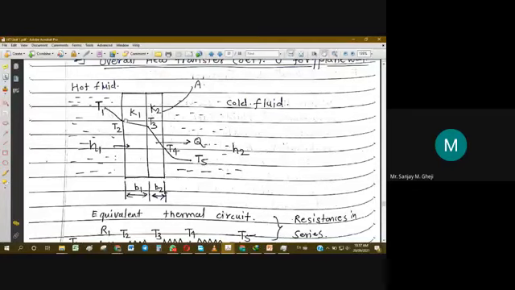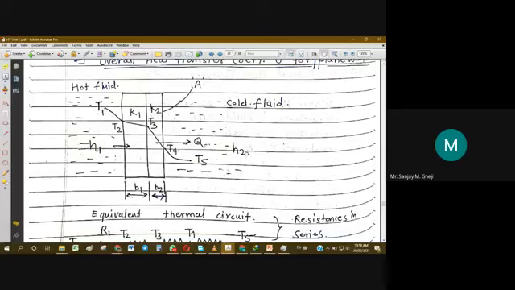Now the temperatures are set. A temperature gradient is produced because of heat transfer from high temperature to low temperature, from hot fluid to cold fluid across this plane wall. For the hot fluid, let us say the temperature is T1 and the heat transfer coefficient is H1.